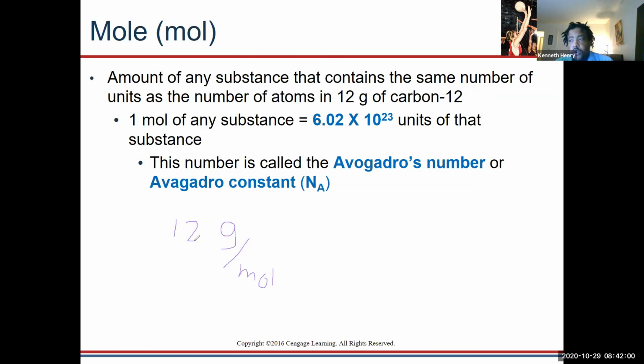Okay, so it'll be 12 grams per 1 mole for carbon. So the isotope carbon-12 was basically used to define the weight for the periodic scale. Okay, so we can say that 12 grams of carbon is going to be 1 mole, right?